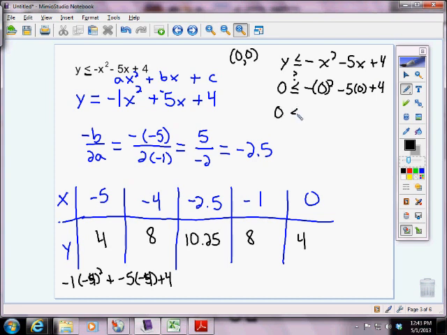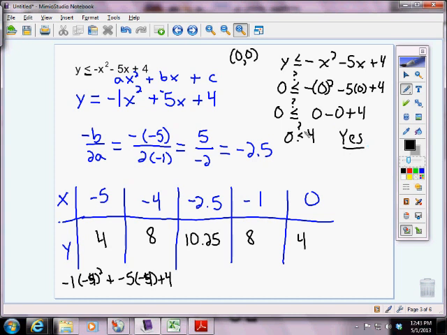Is 0 less than or equal to, well, 0 squared is 0, that's still 0, minus 0 plus 4. Basically, is 0 less than or equal to 4? And the answer is yes. 0 is less than 4.